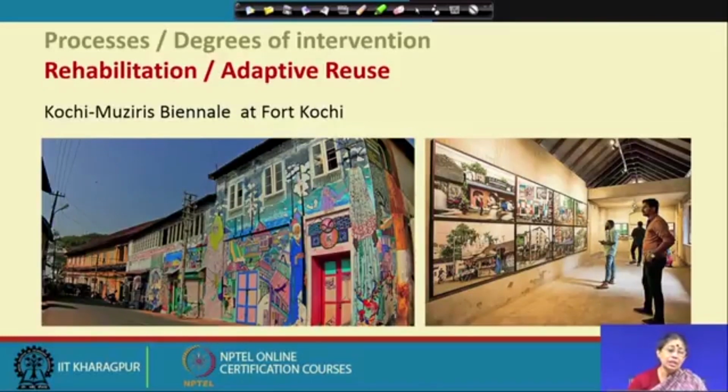An entirely residential area has totally changed to an art center, activity center, tourist center, recreational center, but still some of the people are staying in that area.